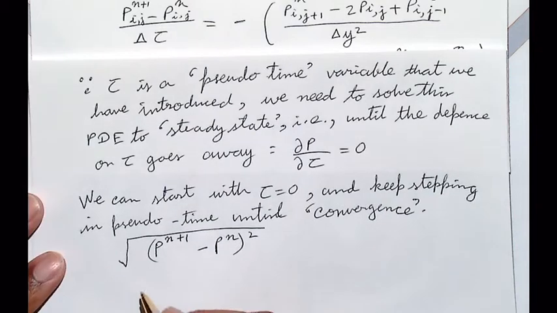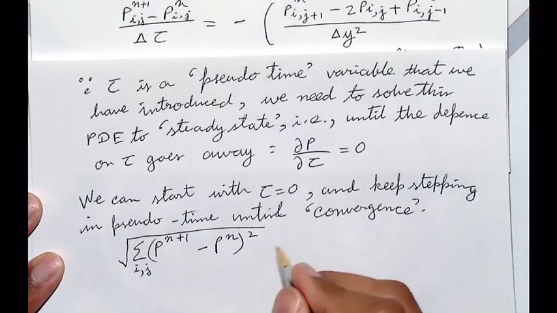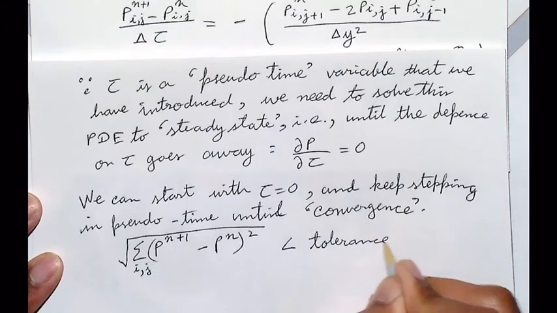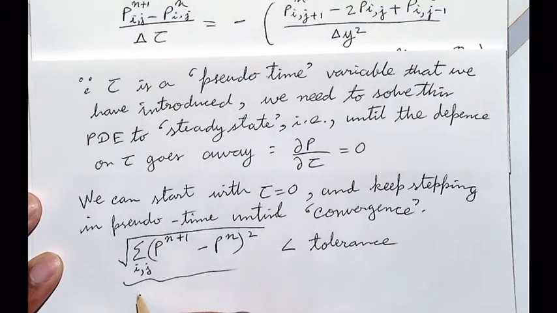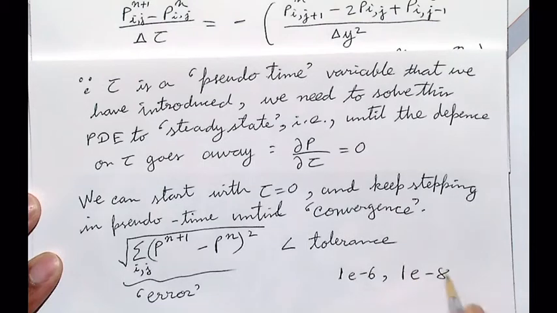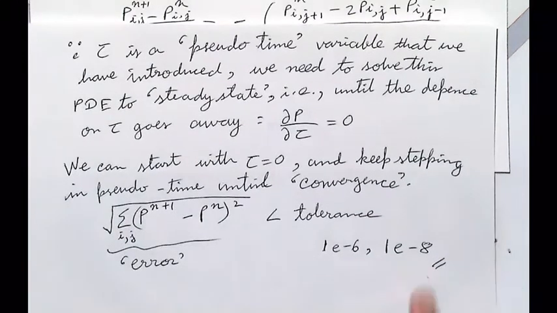So it should be not 0, it should be less than some tolerance. And this would be the error. And the tolerance can be 1e minus 6, 1e minus 8, whatever you want. And the stricter your tolerance is, the more iterations you would have to do till you converge.